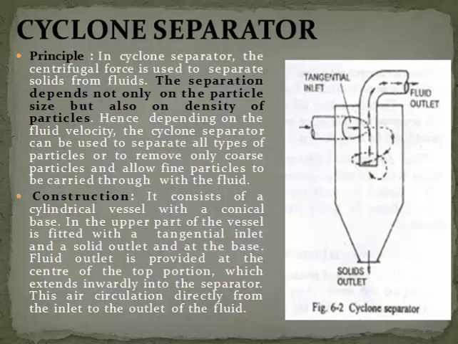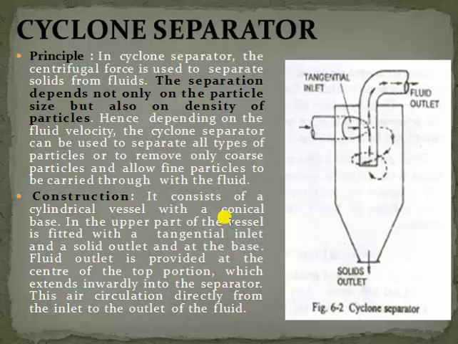Whether the particles are fine or coarse, smaller or larger, both properties affect their separation in a cyclone separator. Hence, depending on the fluid velocity, the cyclone separator can be used to separate all types of particles, or to remove only coarse particles and allow fine particles to be carried out with the fluid.